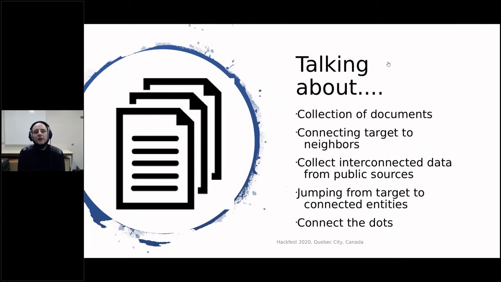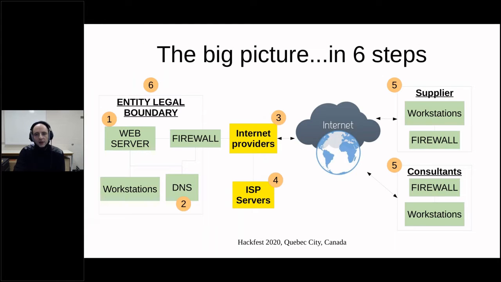What we did is collect documents, collect how the documents are related to the neighbors of the target, interconnect the documents with public sources, then try to find which documents can link other documents or entities, and then jump from the target to the nearest neighbor.